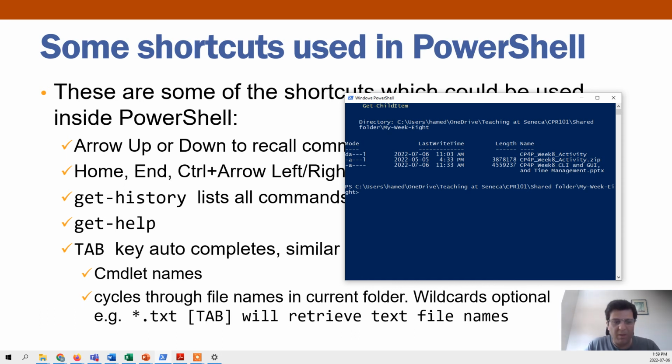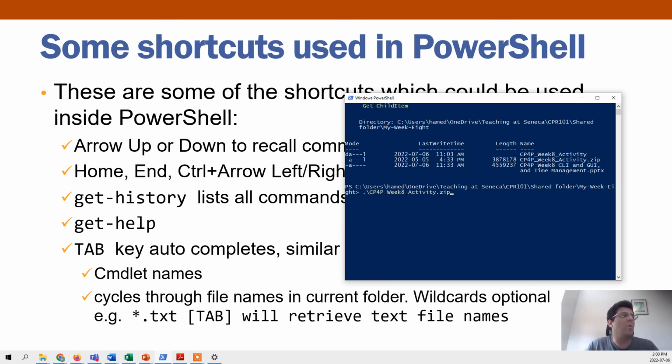Here what I do is type star dot zip and then press tab. When I do this, it lists all the files with the extension of zip for me, and then I can choose and I can open them.